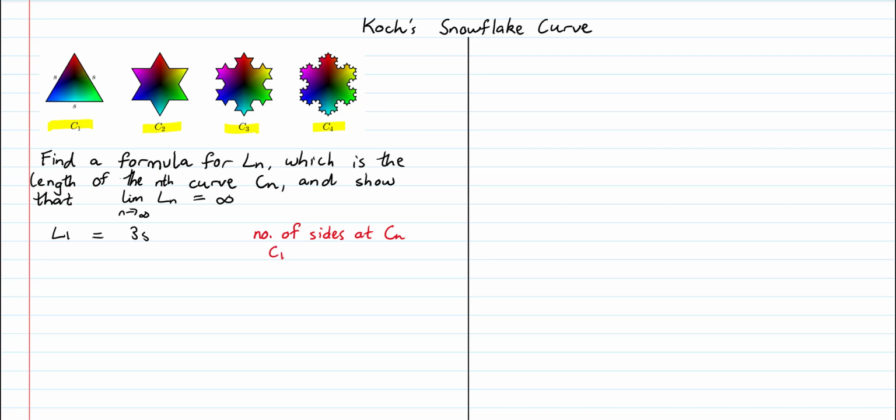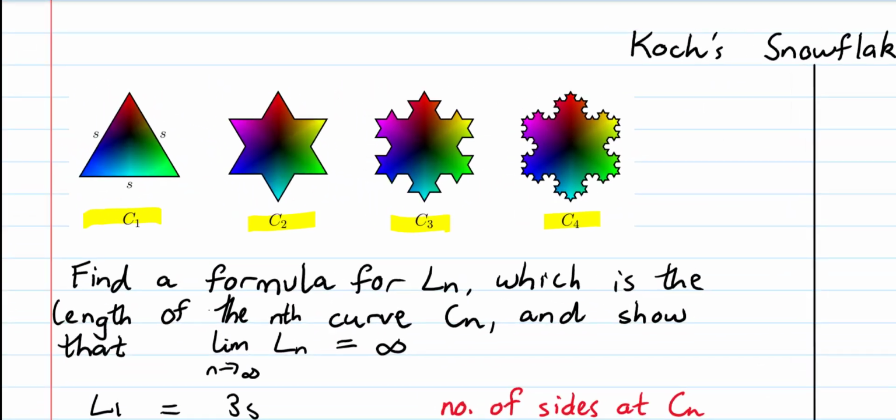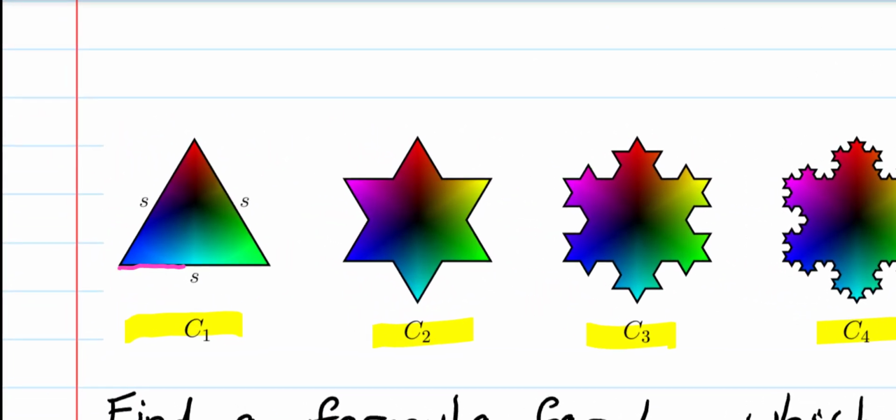At curve C1 we have 3 sides. Now if we look at curve C1, say this line segment here, well, in C2 we divide that into 3 equal line segments and form our equilateral triangle. So now we've got 1, 2, 3, 4 sides there, or 4 line segments.